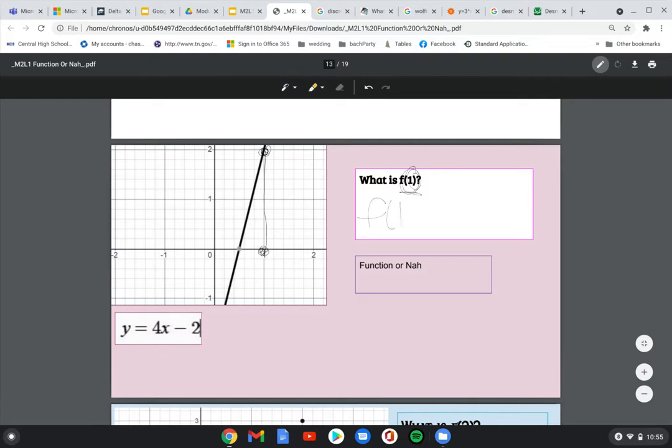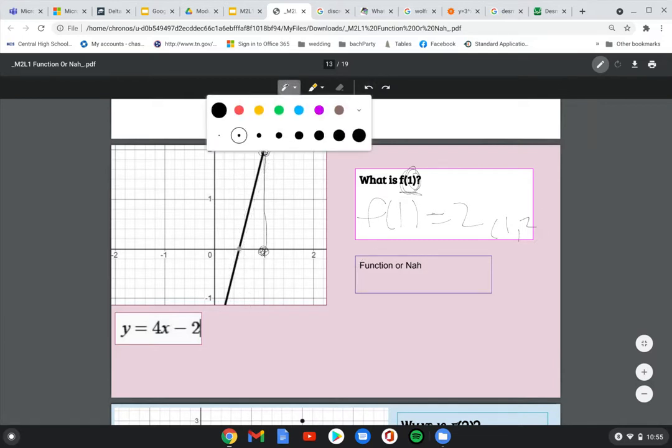So f of 1 equals 2. If I were to put it into a coordinate, that coordinate would be (1, 2). Is this line a function? Yes, because if I drew a vertical line, it would pass at every point.